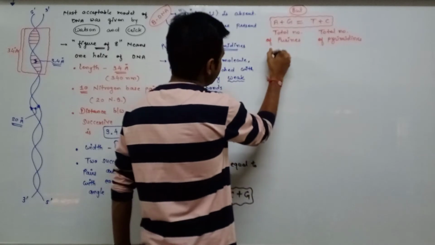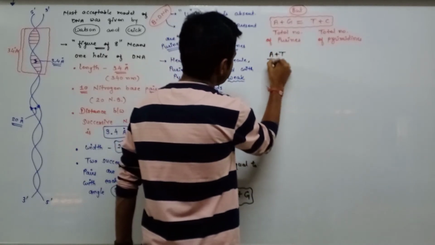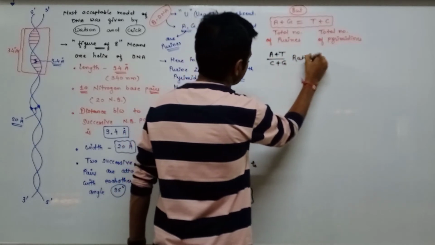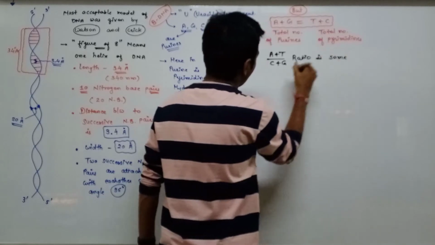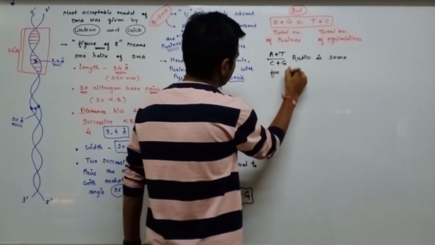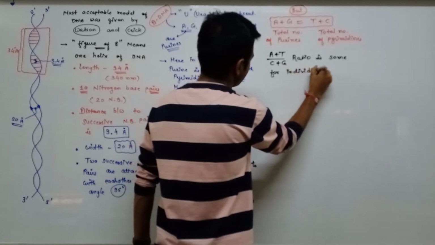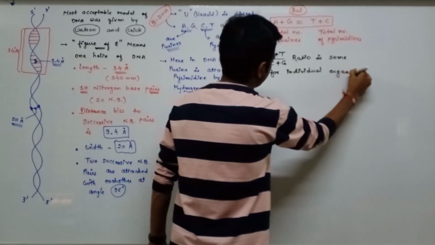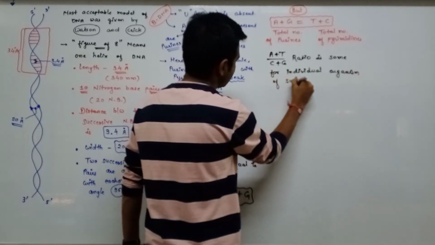Along with this, the A plus T upon C plus G ratio is the same for individual organisms of the same species.